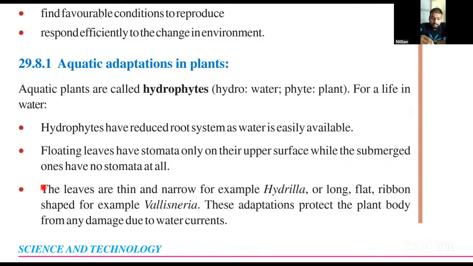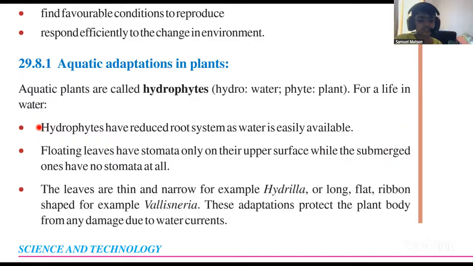Read this, please. Floating leaves have stomata only on their upper surface, while the submerged ones have no stomata at all. The leaves are thin and narrow, for example hydrilla, or long, flat, ribbon-shaped, for example Vallisneria.